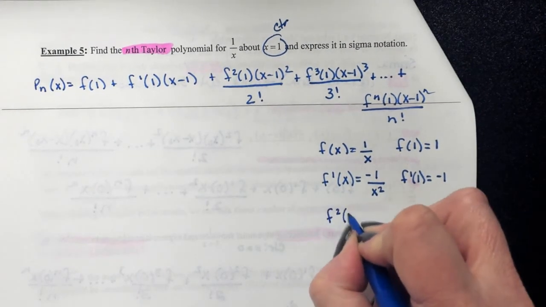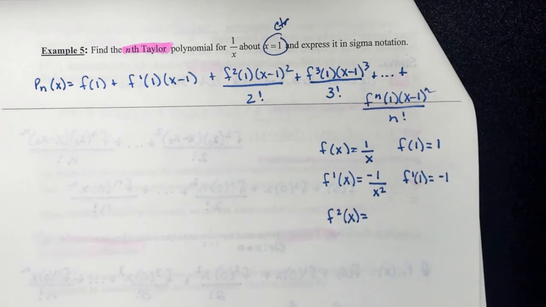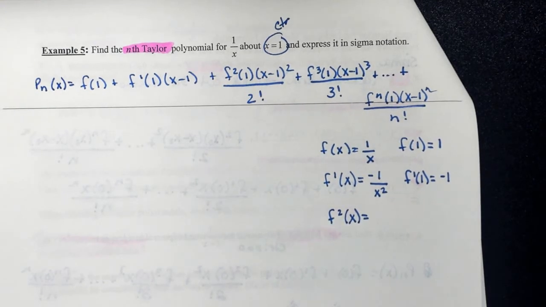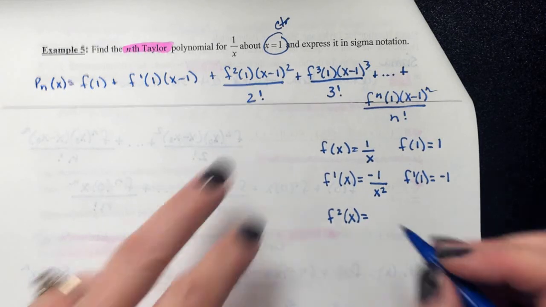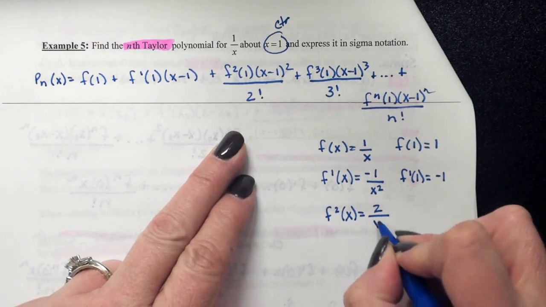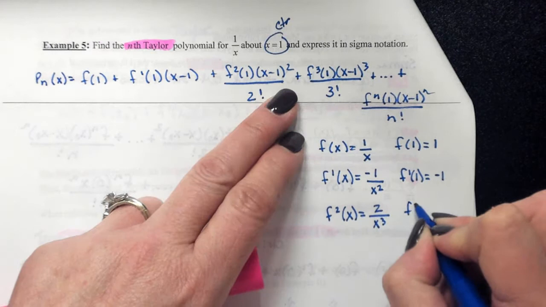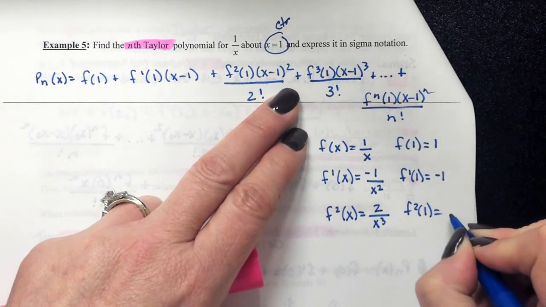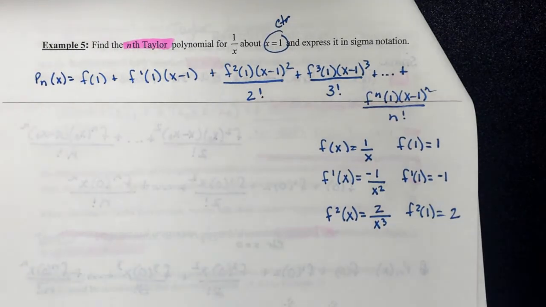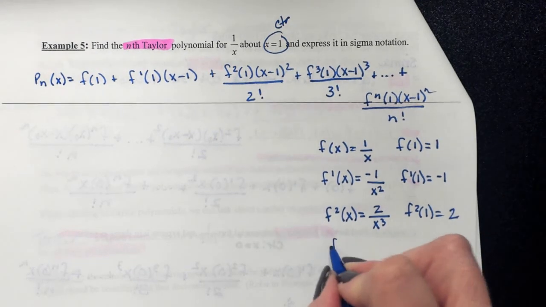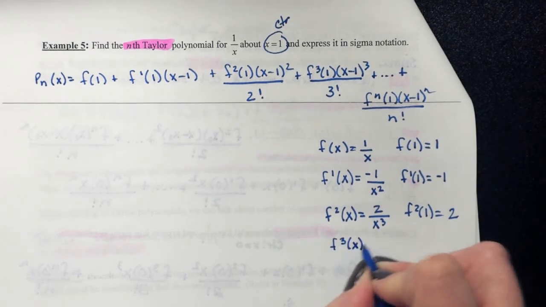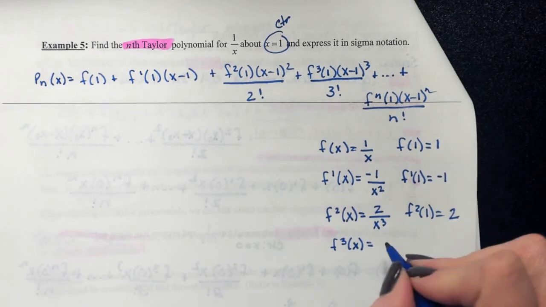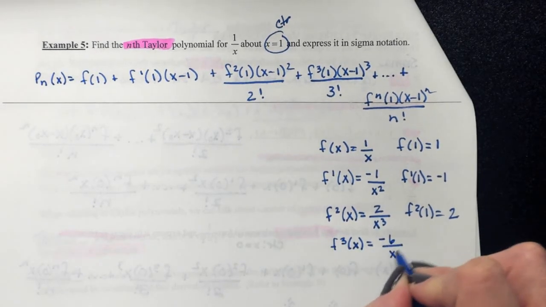The second derivative is going to be 2 over x cubed. So then the second derivative at 1 is going to be 2. Third derivative: it would be negative 6 over x to the fourth.